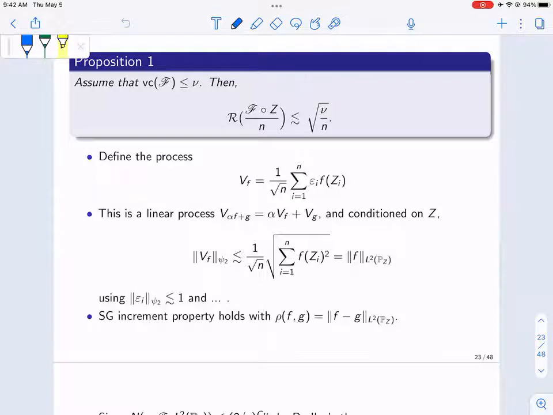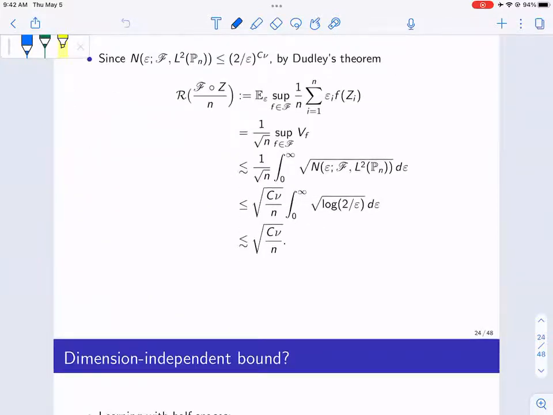And so if we can cover the set of functions in this metric, then you can use Dudley's integral, and that's what we did. So the supremum of this is controlled by the Dudley's integral, and if you recall, the covering number is just 1 over epsilon to some constant times nu. So then you take the log, root nu comes out, and then you have to argue that the rest is a finite constant. Okay, so far so good. Any questions?